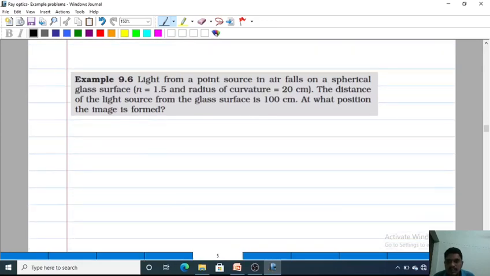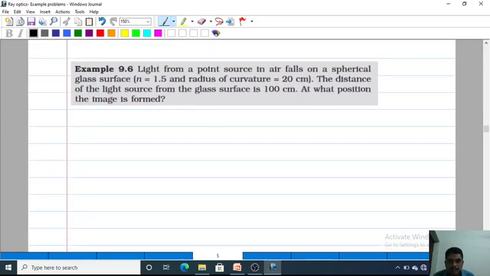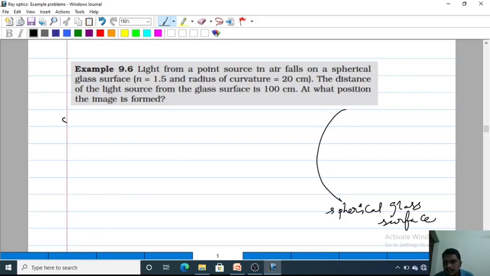9.6. Light from a point source in air falls on a spherical glass surface. So imagine a spherical glass surface. This is a spherical refracting surface. Okay, I'm solving this problem.